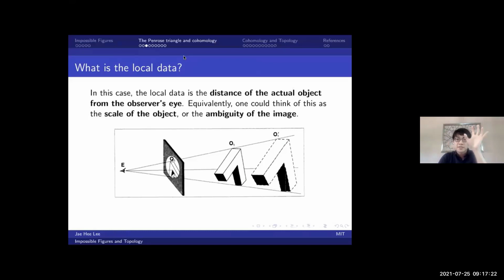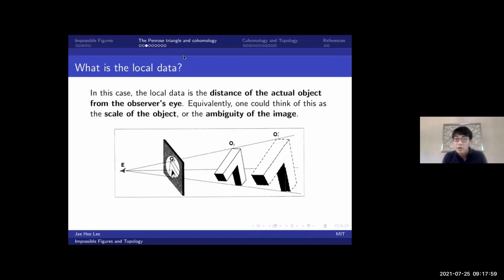By local piece, I mean this kind of partial image, the black and orange and blue circles that I've drawn to separate parts of the Penrose triangle. So each of those partial regions, you're going to interpret that partial figure as a projected image of some honest three-dimensional object. And as soon as you try to make that interpretation, you introduce this kind of extra ambiguity. You're making a choice. When you think of that as a three-dimensional object, you need to fix where the object is.